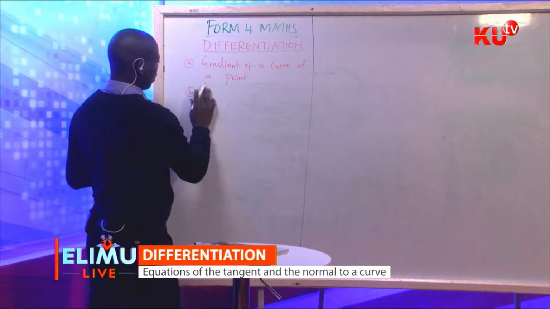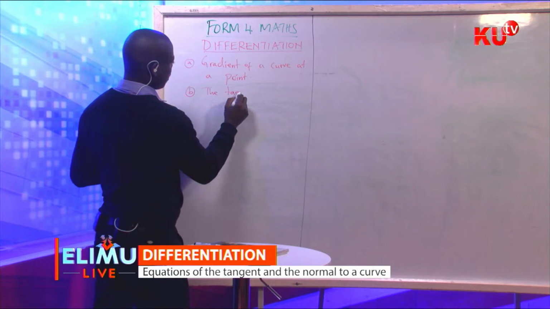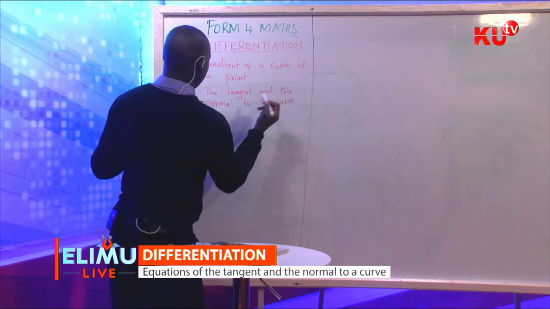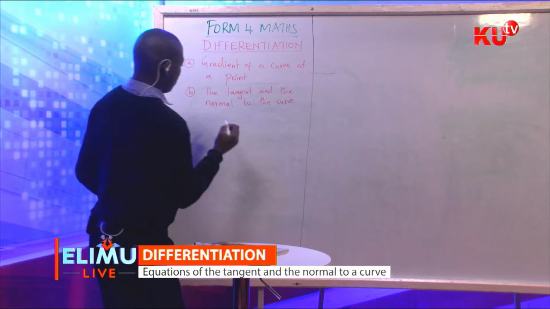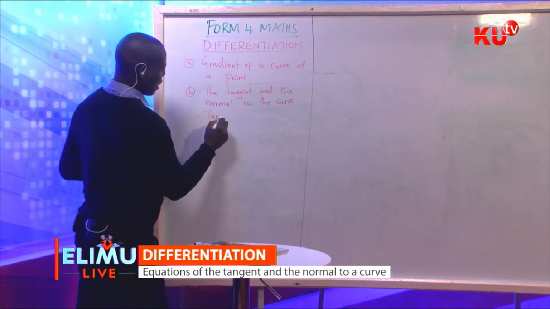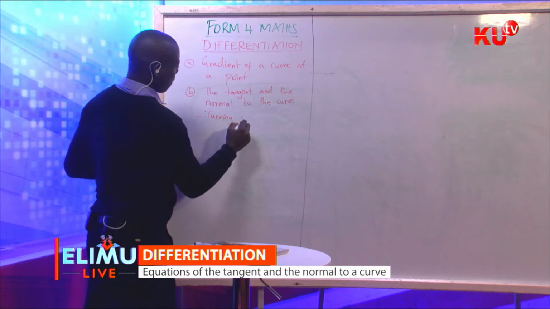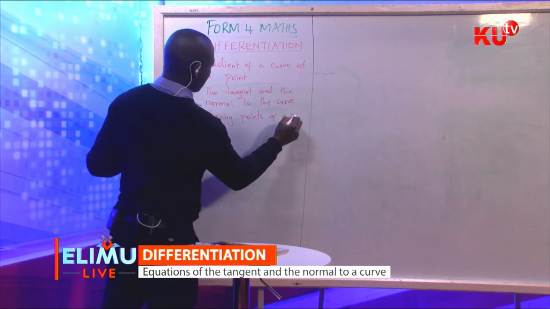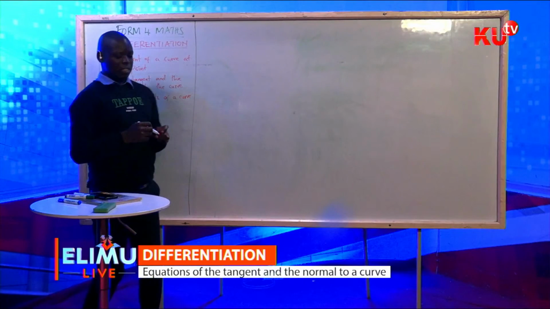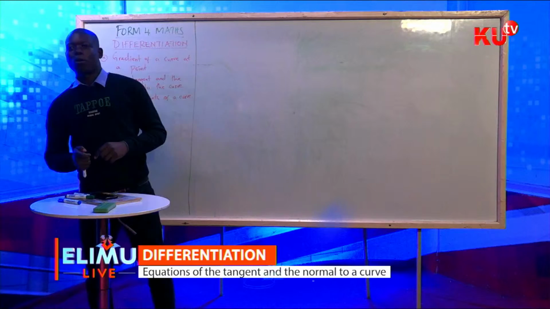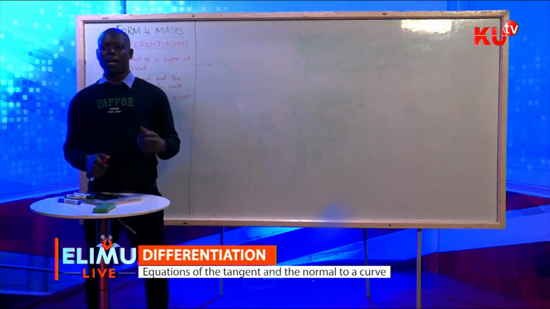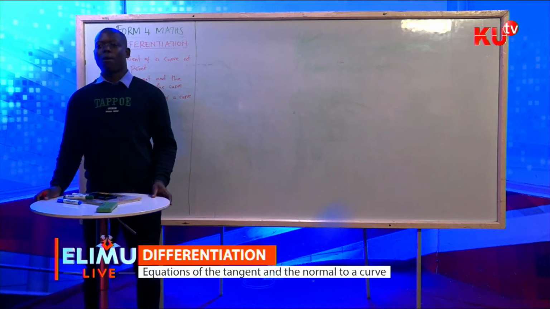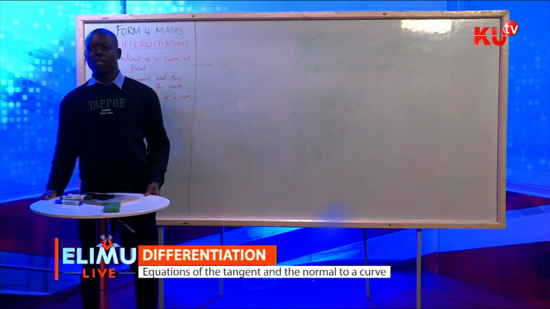So we shall look at the tangent and the normal, and then we shall extend further to look at the turning points of a curve. Therefore, students, by the end of our lesson today, we will need to have an outlook of what we've presented on the board as our main areas of discussion in our lesson.